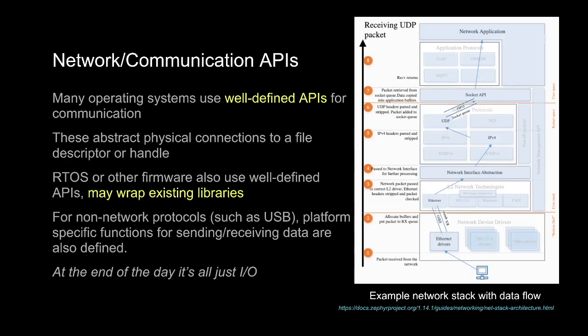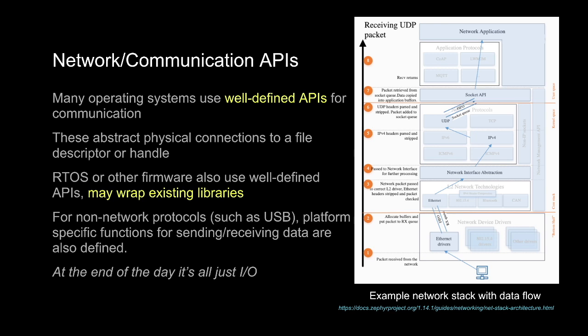So, things to go over about software RE. A lot of the stuff that we're going to be discussing is pretty standard software RE, but the network-specific stuff is what we're really trying to focus on here. The network communication APIs that are used are typically really well defined, because if they want people to develop on it and use it, they're going to have to define how to use these APIs and how to actually initiate, close, and manage connections in a nice way.